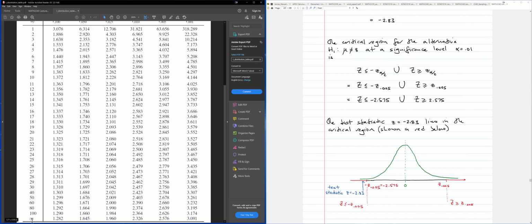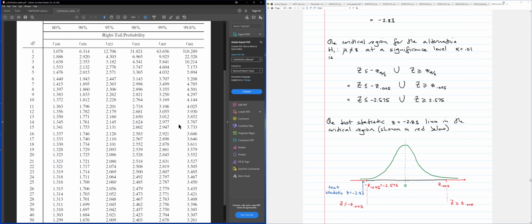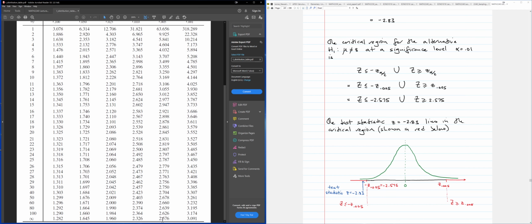But if you're down here, with the infinity over here, infinite number of degrees of freedom for a T distribution means that what you're looking at is a standard normal over here, right? So down here, what you have is this last row over here, Z critical values, and what you want is a Z critical value for 0.005, right? So the Z critical value for 0.005 is 2.576, right?